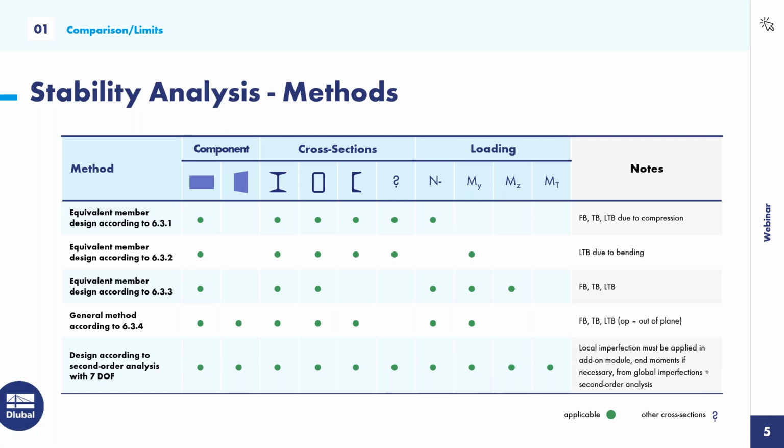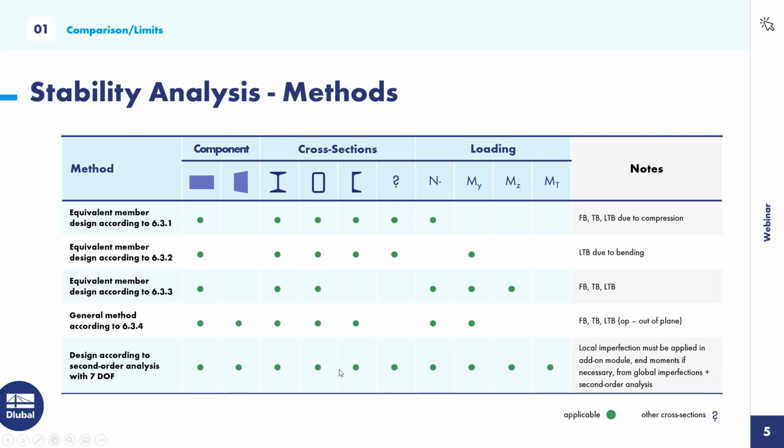But maybe as additional information, it's necessary to define all the 7 degrees of freedom in the add-on module, and also define local imperfections. But how to do that, I will show you in the program.